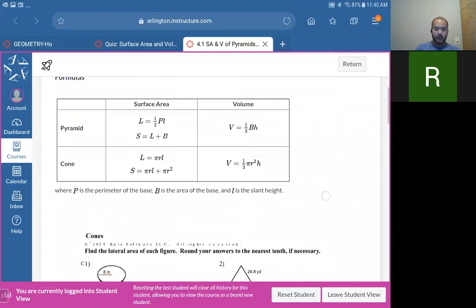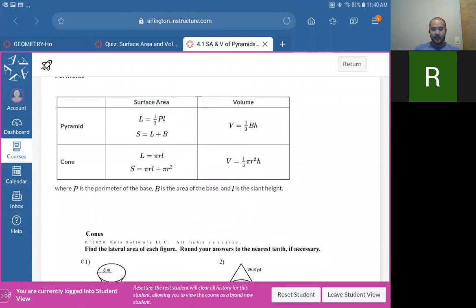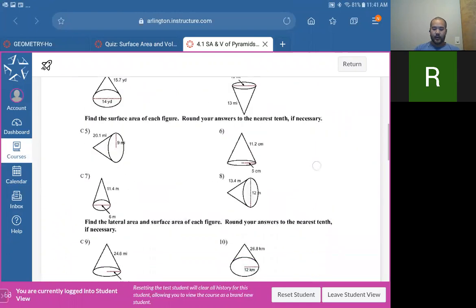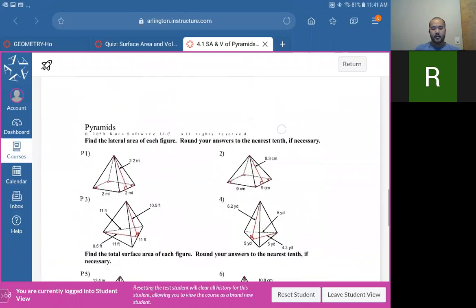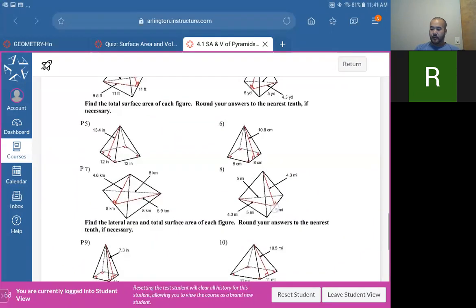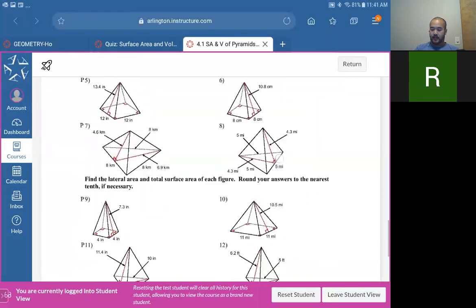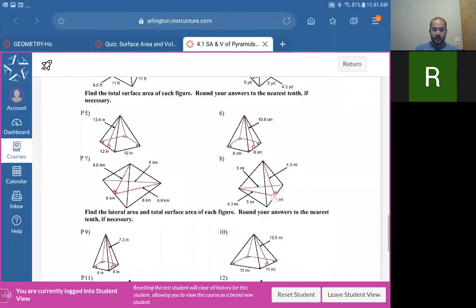So it's perimeter and then slant height. Okay, that's easy.